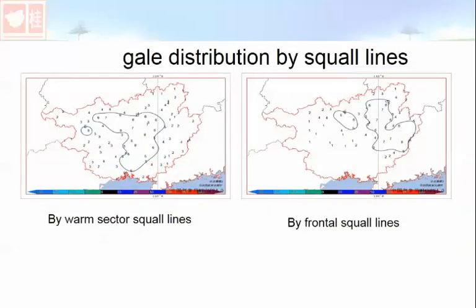From the gale distribution by squall line, gale by warm sector squall line occurred all over Guangxi, mainly concentrated in central part of Guangxi, showing a north-south zonal distribution. Gale by frontal squall line are mainly concentrated in eastern part of Guangxi, especially in northeast Guangxi, where cold air is active.